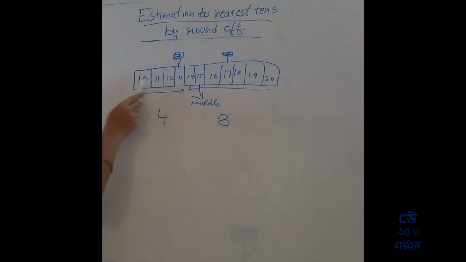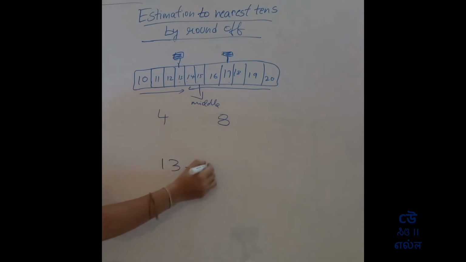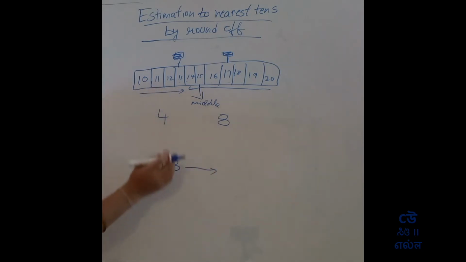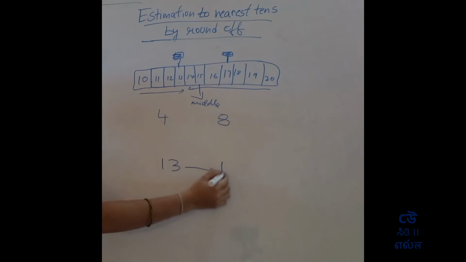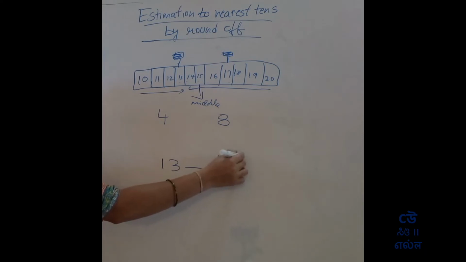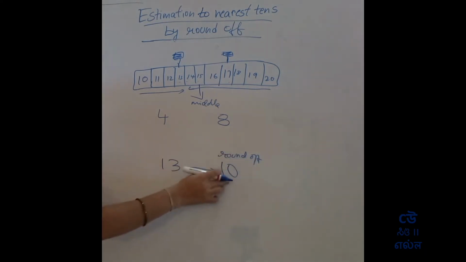So we have to round off 13 to the smaller number, that is 10. Okay, understood? We are rounding off 13 to 10. Understood, children?